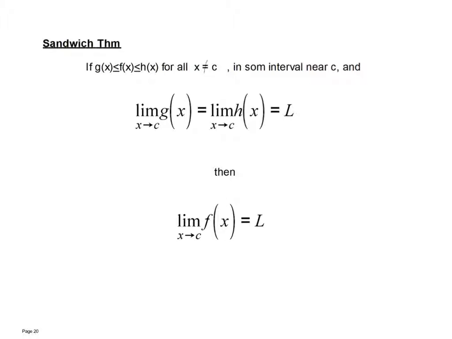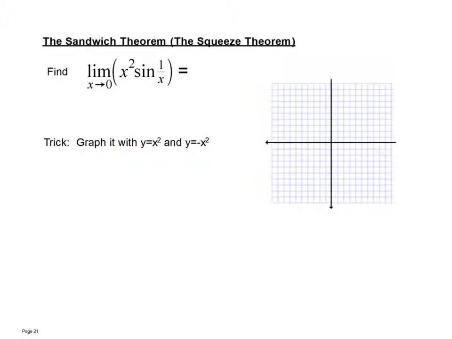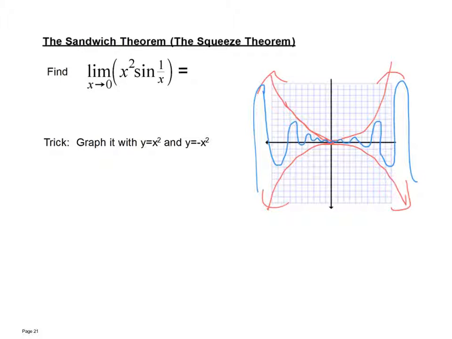So what I mean is this. If you graph this function, you will see that it looks like this. And I also drew in x squared and the opposite of x squared. My graphs did not use a scale of 1 by 1, just so we all know.